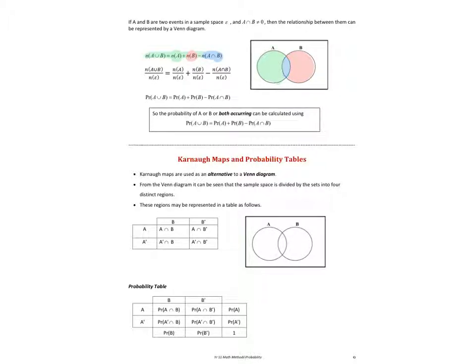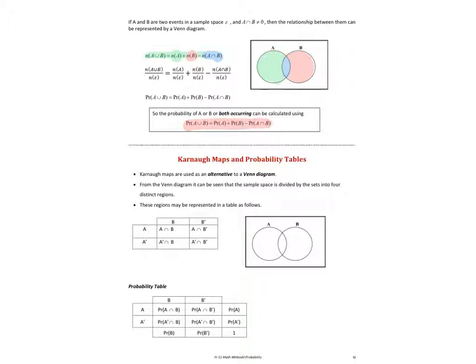That leads us to what we call our addition law of probability, and that applies to any sort of probability. So the probability of A union B is everything that's in A plus everything that's in B minus whatever's in both, because you don't want to add it twice.